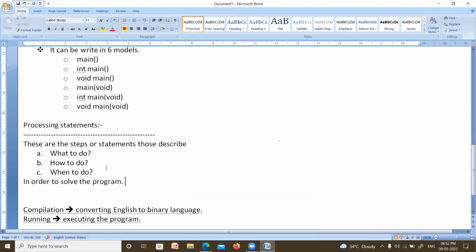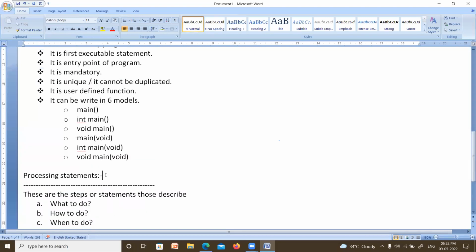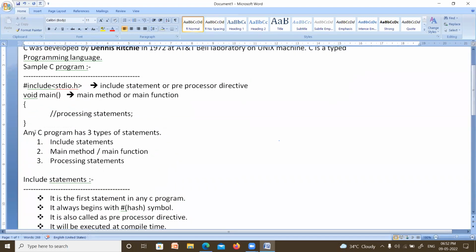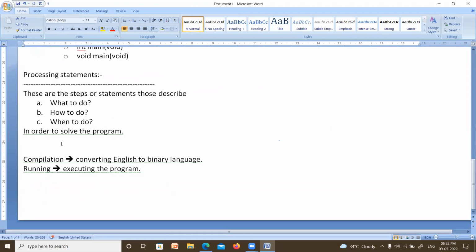So the steps we write in a program to explain what to do, how to do, and when to do to solve a problem are nothing but processing statements. These are the common points in any C programming language.